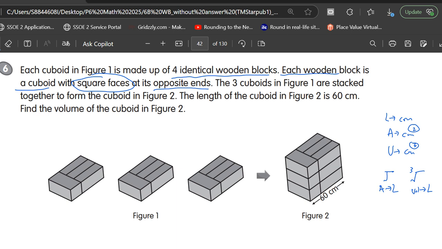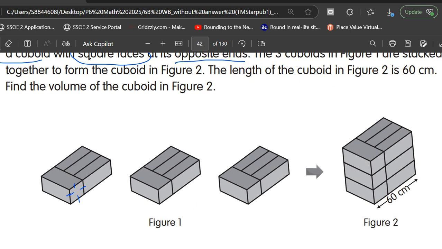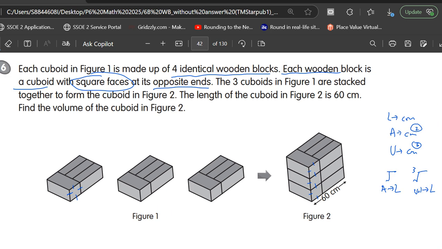It means that I can draw this line. It has a square face. Can you understand? Okay, now then some stacking happens, like the game where you stack things together.